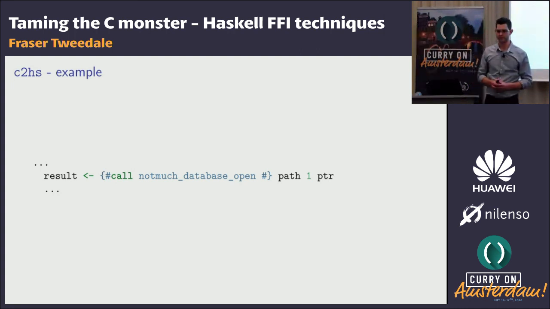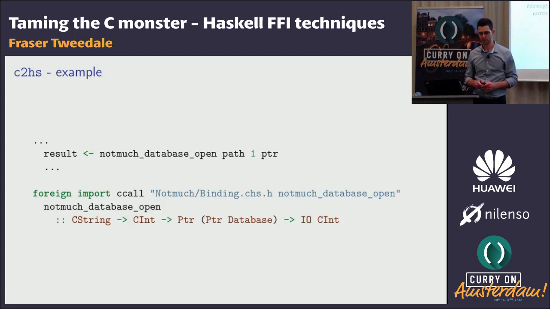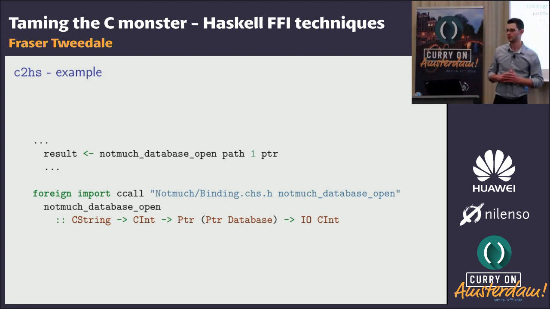So an example of how to use C2HS, which is the primary tool I'll be demonstrating in this presentation. Basically, you use this curly brace hash syntax, the call hook, and then the name of the symbol, in this case, not much database open. And that's the function that you want to call, and you just apply it to the relevant arguments. After pre-processing, this will expand to something like this.